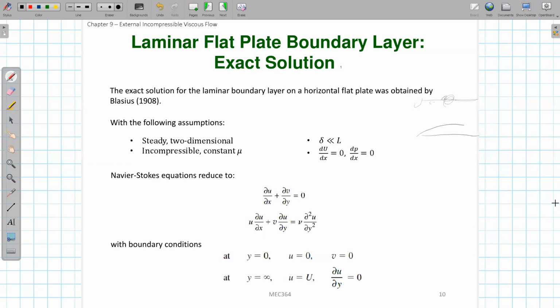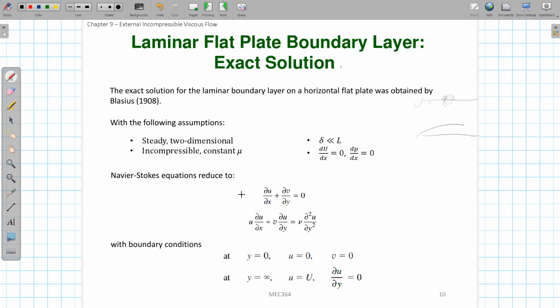With all these assumptions, we can simplify the Navier-Stokes equation. The detailed procedure for simplifying it is a little bit above the scope of this class, so we will not give it here, but this will be the result.